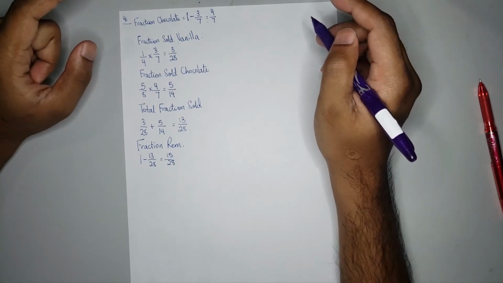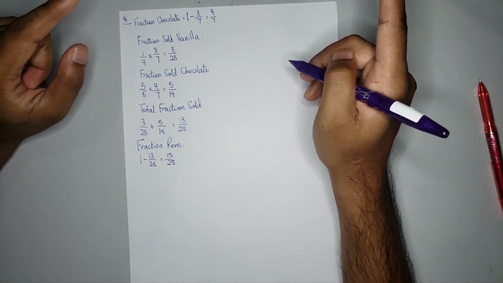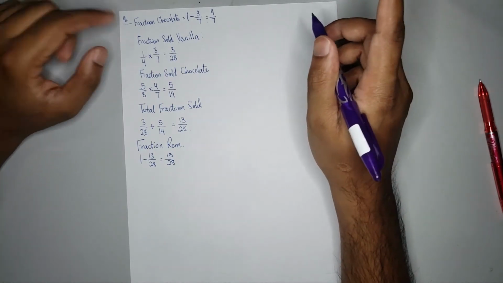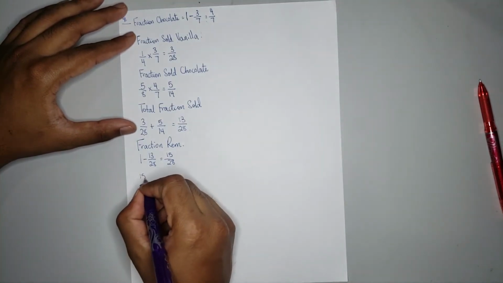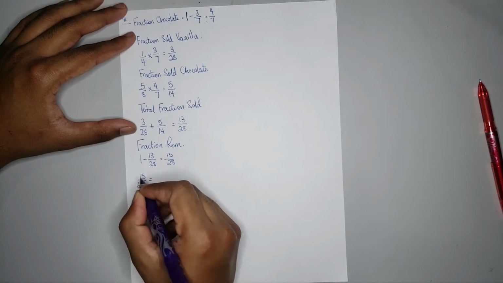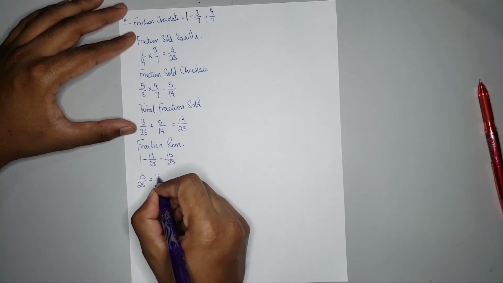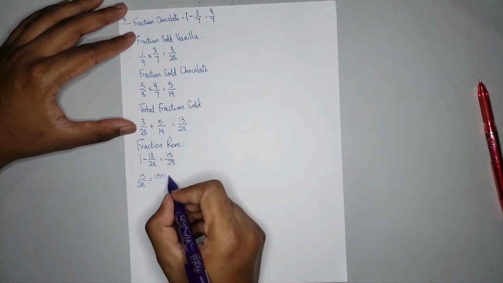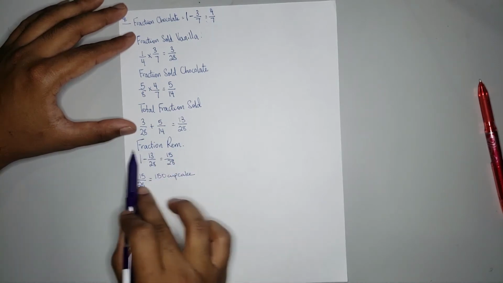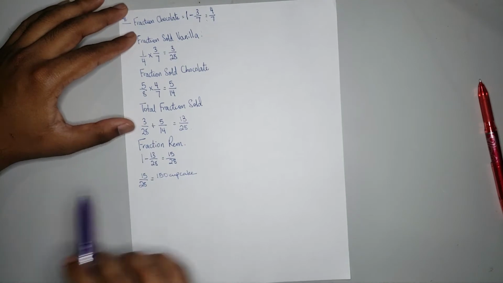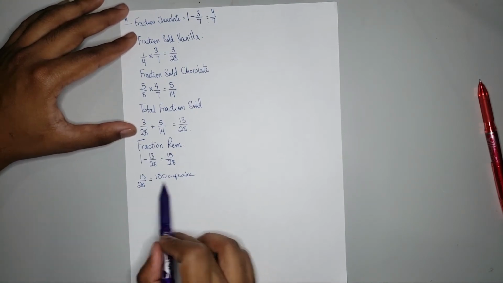They said she has 150 cupcakes left. How many cupcakes did she bake? Good. So we can see the relationship that 15/28 is equal to the remaining cupcakes, which is 150. The remaining fraction is 15/28, and the remaining number of cupcakes is 150.